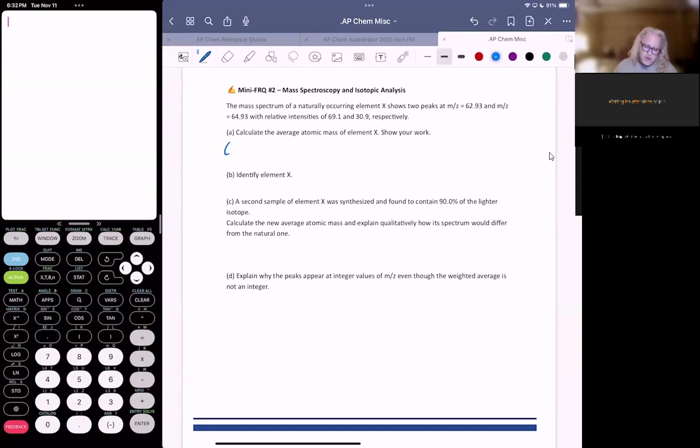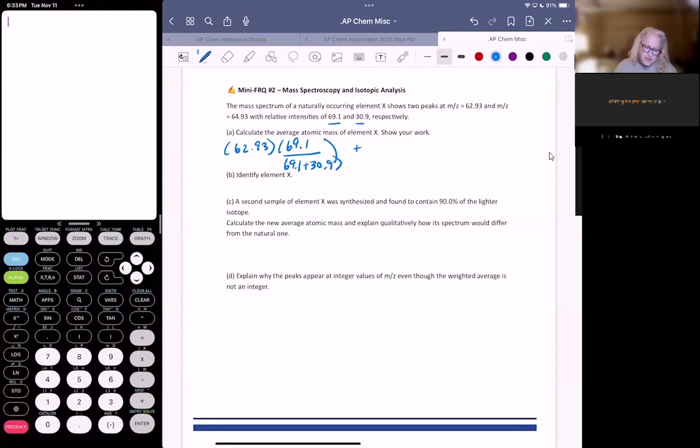Since we have these two intensities, we're going to have to figure out the fraction of each. We don't have percentages or fractions here, but we know that 62.93 gets multiplied by 69.1 over the sum of 69.1 plus 30.9. So that's the total intensity.